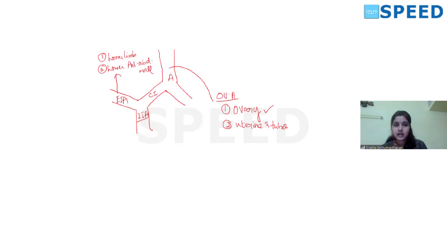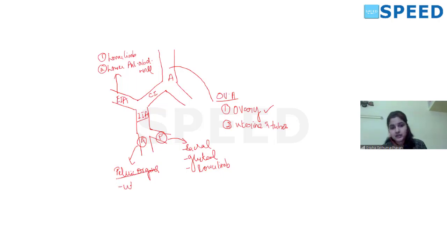Now the internal iliac artery again divides into an anterior and posterior branches. The posterior branch supplies the sacral area, the gluteal area, and some parts of the lower limb as well. The anterior branch supplies majority of the pelvic organs, and that includes the uterus, the bladder, and the rectum.